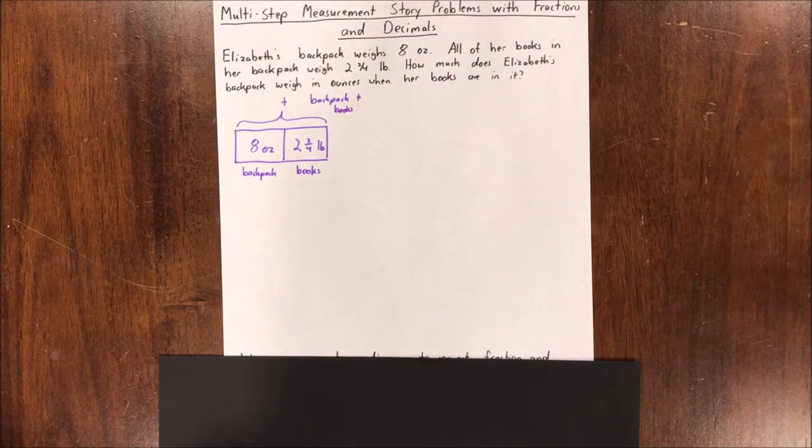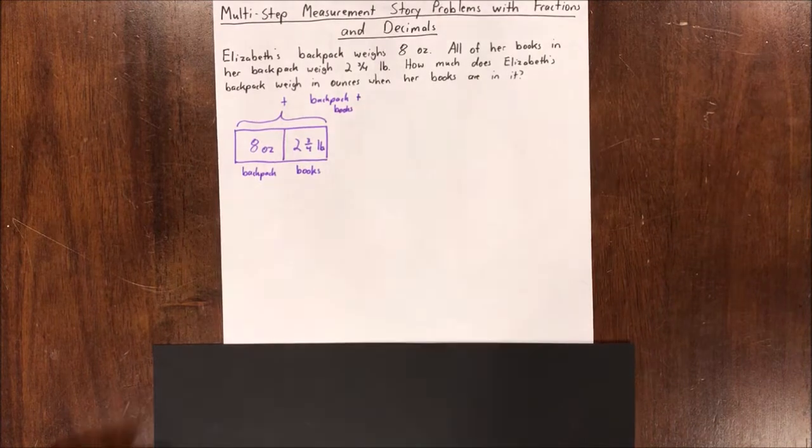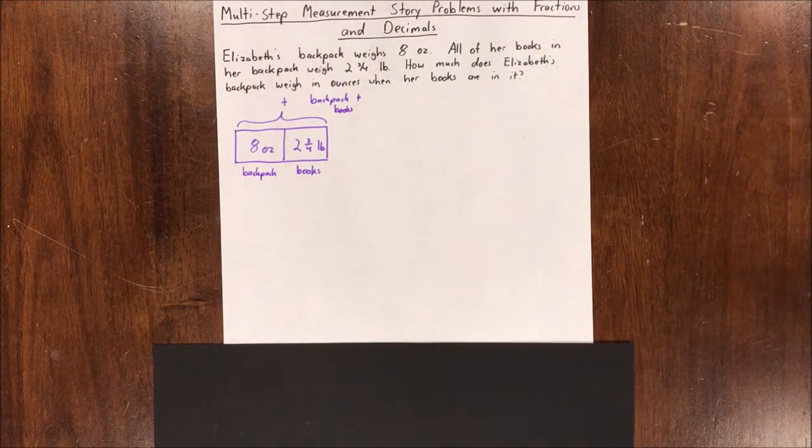So we've got different units here, right? We've got pounds and ounces. Should we convert from ounces to pounds or pounds to ounces, and why? Go ahead and say it out loud.